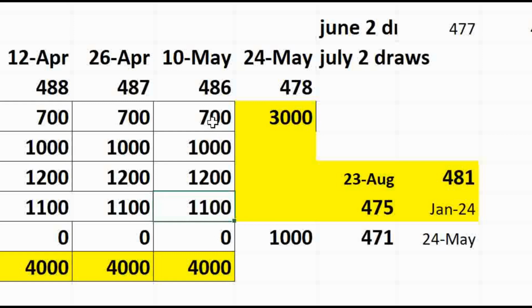So next, if we add these two and 100 candidates here, it will be around 3,000. So if 3,000 candidates are there in these slabs, that is 481 and above, then we need another 1,000 to complete 4,000. So that 1,000 we have to pick up from the 471 to 480 slab.